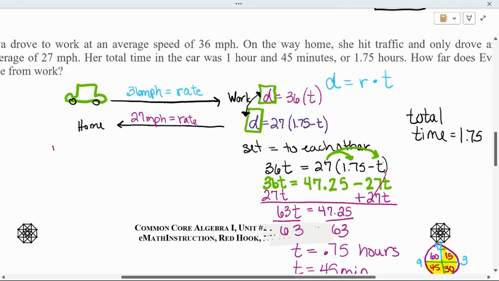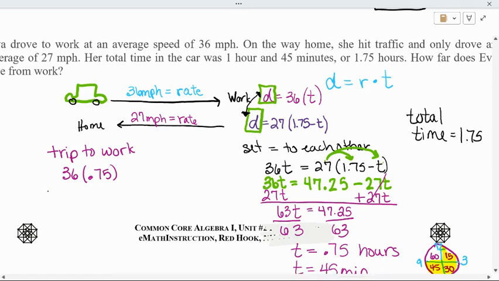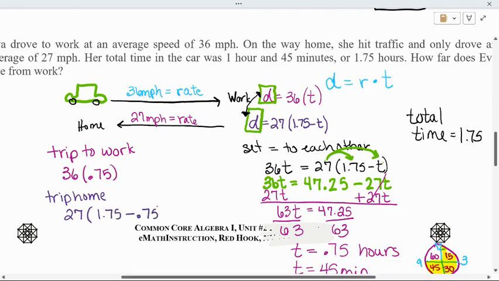So we know that the trip to work was your rate of 36 times 0.75, which is equivalent to 45 minutes. And we know that her trip home was 27 times 1.75 minus the time that she spent going to work.